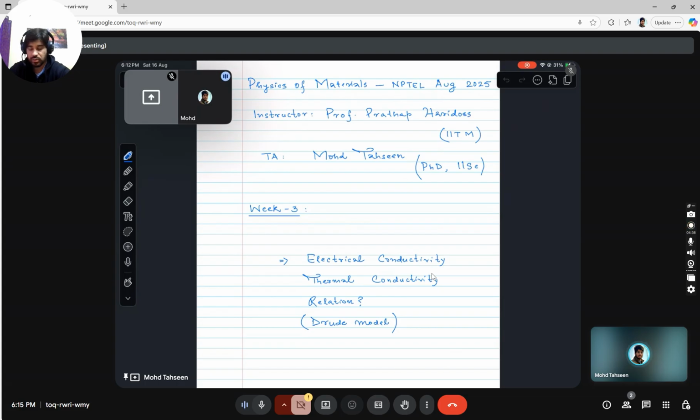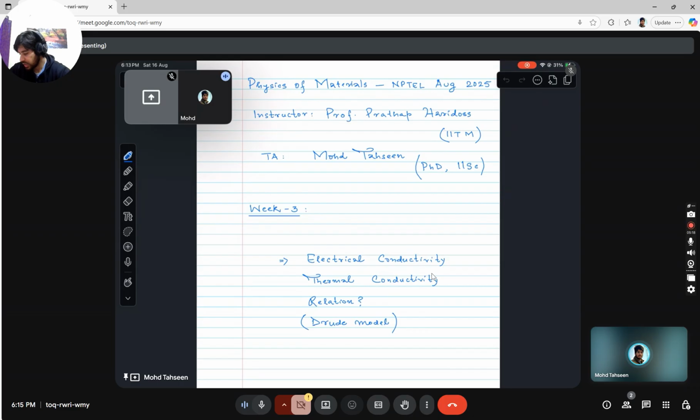How to measure electrical conductivity, what should be the experimental setup, and why in certain cases we use a DC current in the circuit to measure conductivity, and in certain cases DC current is not the appropriate type of current to be used, for example in ionic conductors, where we have to resort to AC current to measure the conductivity.